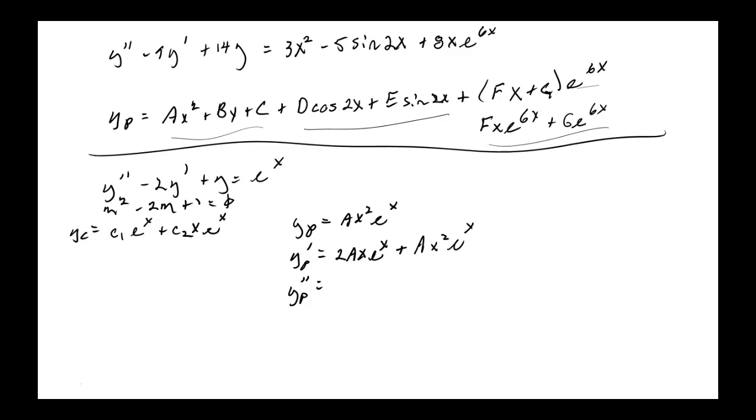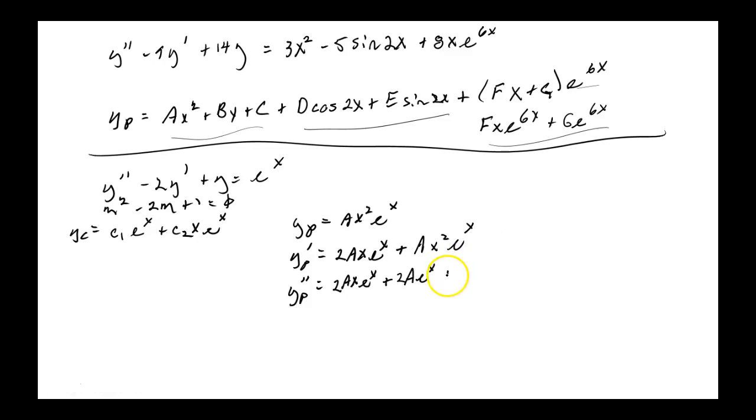Now, y sub p double prime would be what? You've got two product rules. The first one would yield 2ax e to the x plus 2a e to the x. That takes care of the first one.